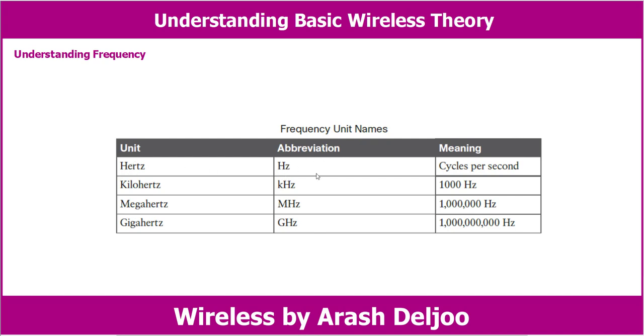The abbreviation is Hz, meaning cycle per second. Also, you can say kilohertz, or kHz, 1000 hertz, okay, and megahertz, MHz, 1 million hertz, okay, and then gigahertz, GHz, means 1 billion hertz, okay. Because of that, in most cases you hear about the hertz, kilohertz, megahertz, gigahertz, and maybe more.